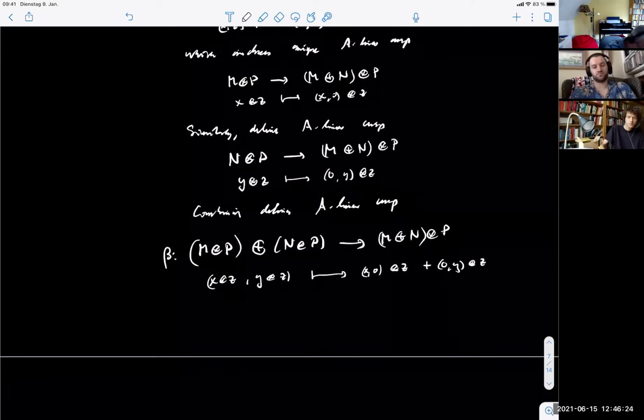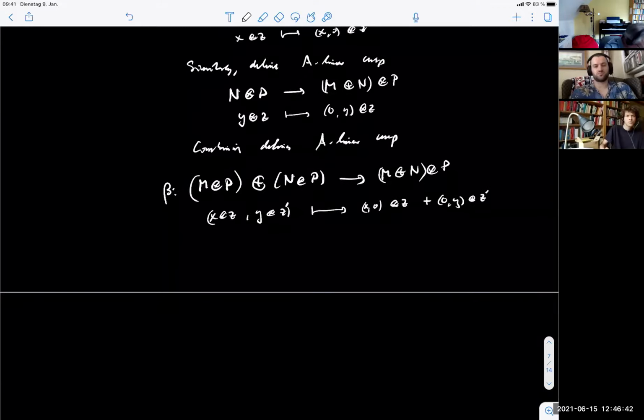Maybe I should put z prime here, because otherwise it's not general. Now I have maps in both directions, and I have to check they are inverse to each other.